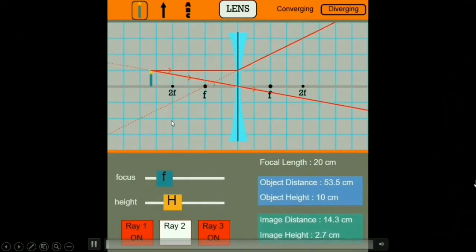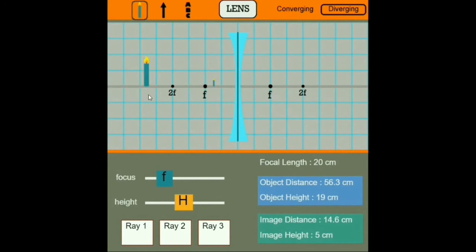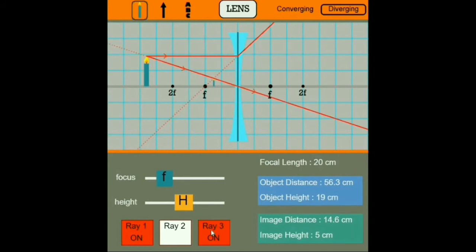Let us check the characteristics of the image formed from a concave lens. Here, the candle is acting as the object, placed beyond C, beyond 2F. Let us check the ray which is passing parallel to the principal axis. As it diverges out, let us take the ray which is passing through the optic center.